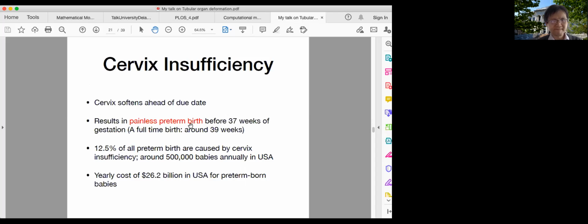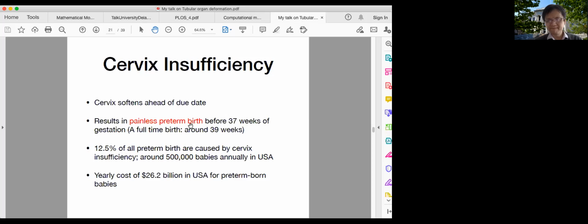And there's one disease, and we call it cervical insufficiency. This is a weak cervix. The cervix softens ahead of the due date. This will result in a painless preterm birth before 37 weeks of gestation. And this causes a miscarriage. So the baby comes too early, and we have immature babies. So it's very dangerous.